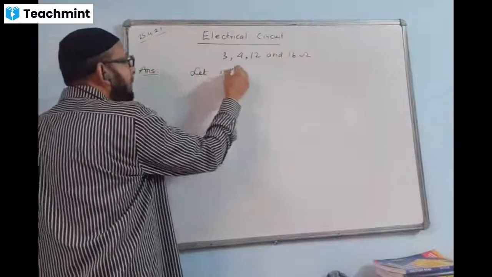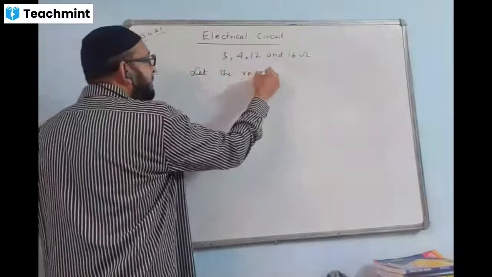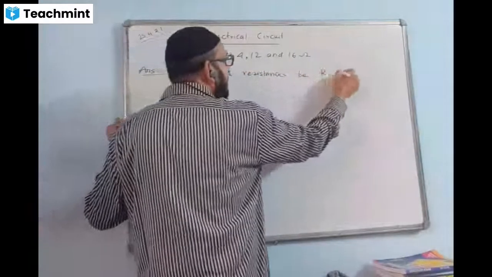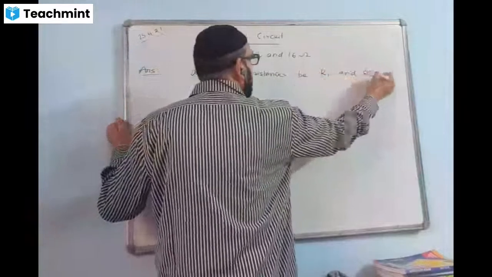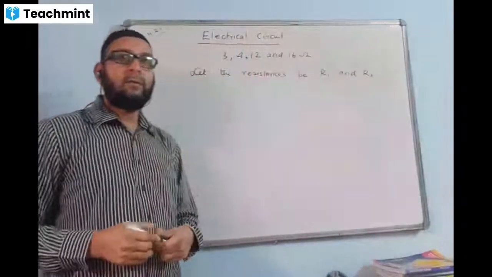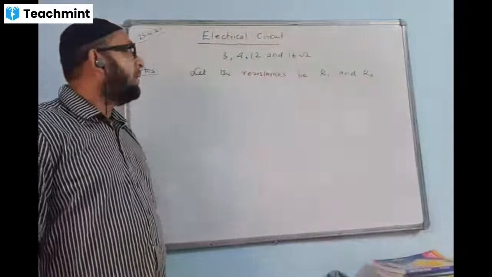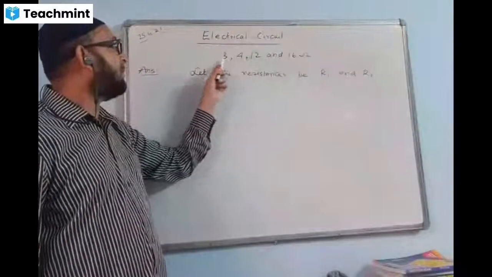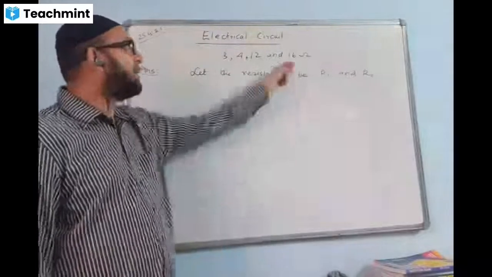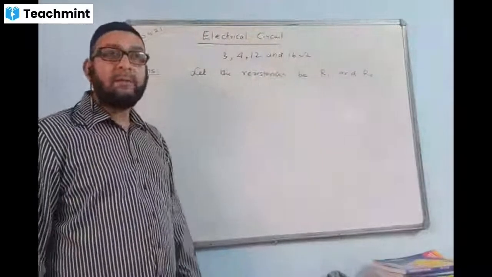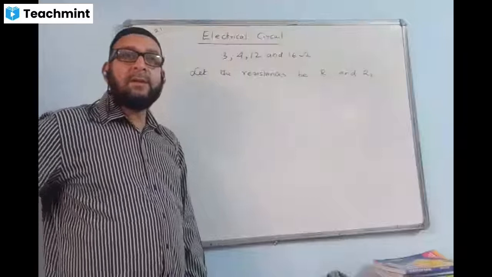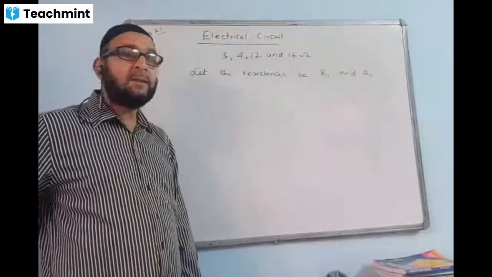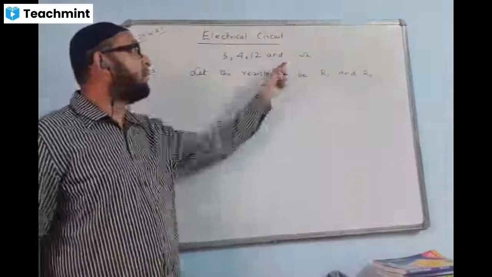Let the resistances be R1 and R2. Here we see the lowest resistance he is obtaining is 3, and the highest resistance is 16. We know the lowest resistance is possible in parallel combination, and the highest resistance is possible only in the series combination.